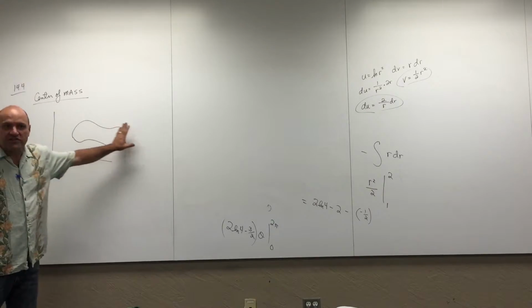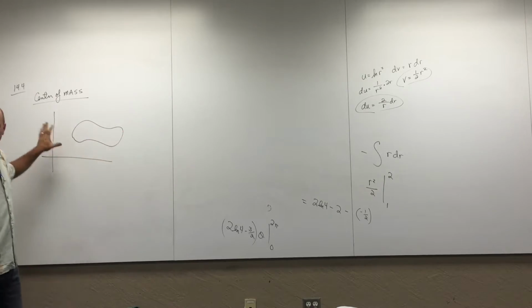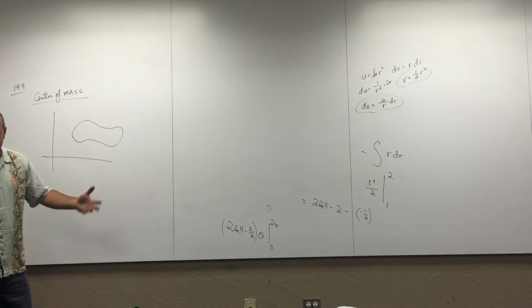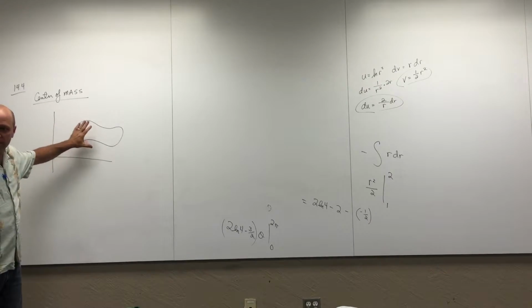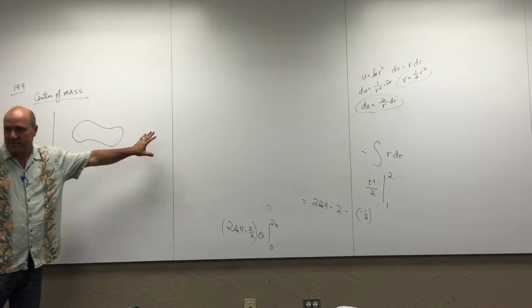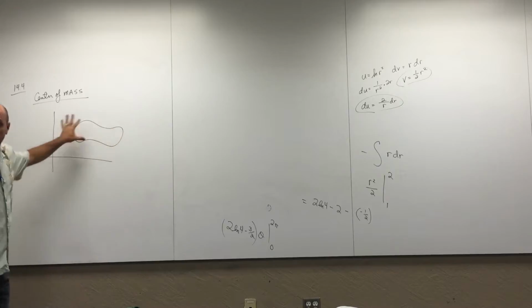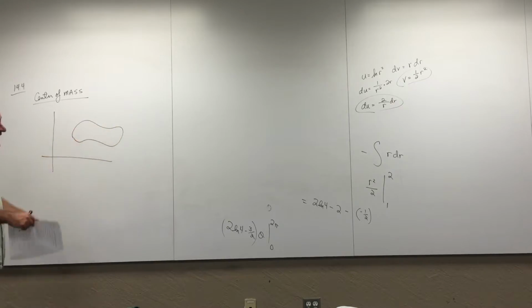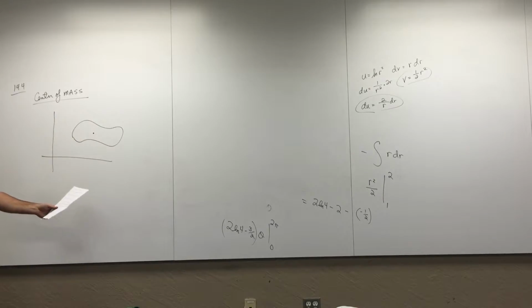It was all the same material. If it was all tin, it's one density. If it's all gold, it's one density. If I have a variable density, it could be silver mixed with gold, mixed with wood, mixed with paper, mixed with air. I can have a variable density object here, and then I can try to find the center of mass, and I can use a double integral to do it.